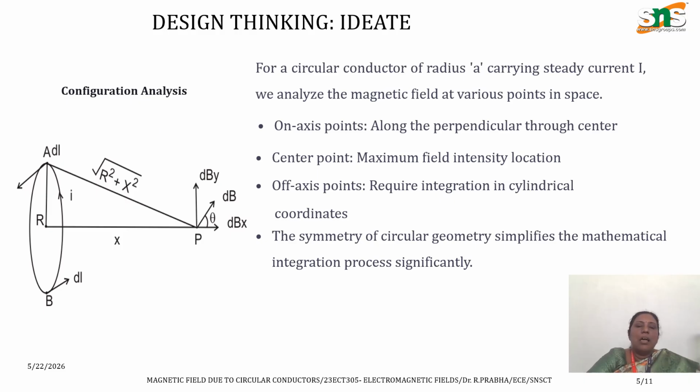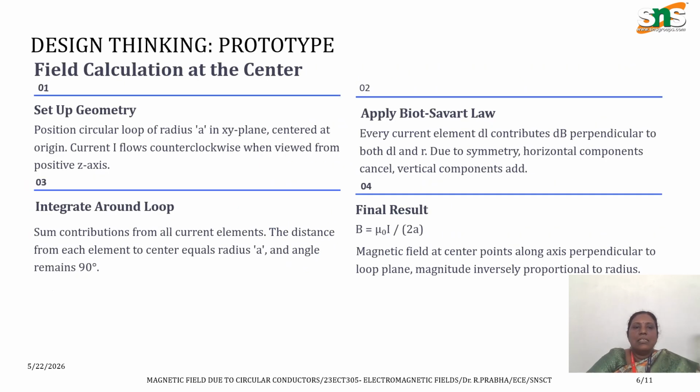Next are the off-axis points, which require integration in cylindrical coordinates. The symmetry of this circular geometry simplifies the mathematical integration process significantly. And this is about the ideate stage.